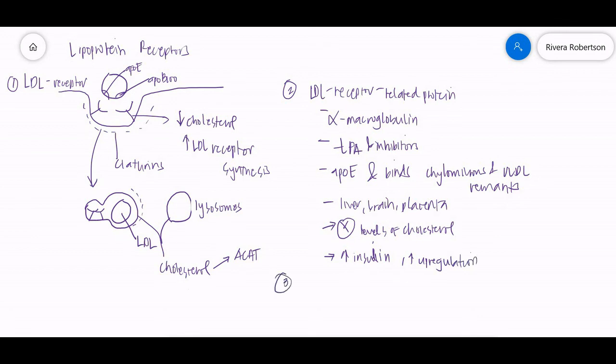Pangatlo is the macrophage scavenger receptor. So this includes your SRA1 and SRA2. Okay? So bali, your macrophage scavenger receptor is not subject to downregulation.